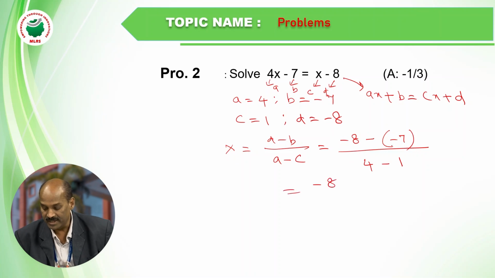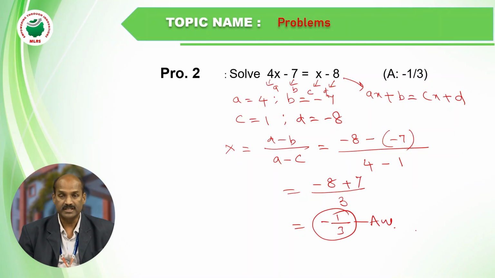Minus 8, minus into minus, plus 7, by 4 minus 1, 3. So the answer is minus 1 by 3. You see, it is very simple, and easily we got the solution in less time comparatively with the traditional way.